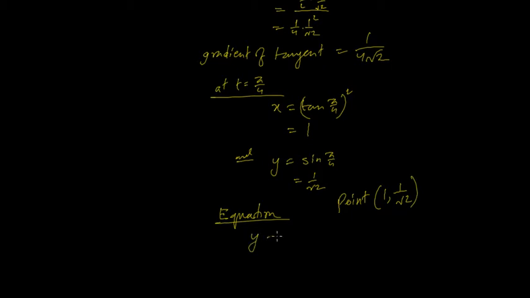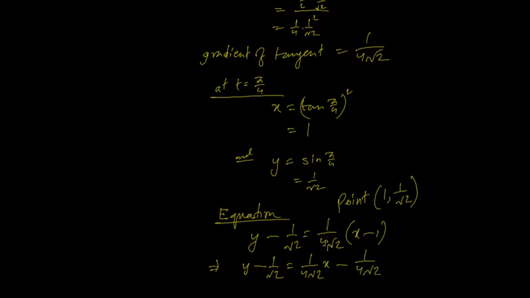So the equation is y minus y1 equals m, the gradient, 1 by 4 square root of 2, times x minus x1. Now we have to express the answer in the format y equals mx plus b, so we can just write y minus 1 by square root of 2 equals 1 by 4 square root of 2 x minus 1 by 4 square root of 2, as I'm multiplying 1 by 4 square root of 2.